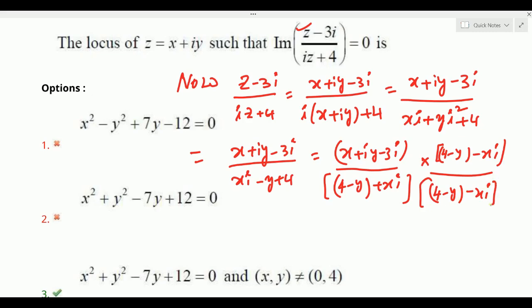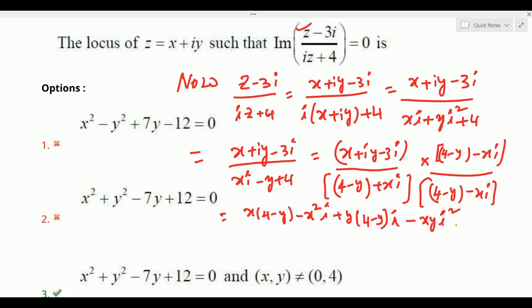So now the expansion of the numerator. First term x into 4 minus y, then minus x into x square i. Expanding further, plus y into 4 minus y into i. Again iy with minus xi gives minus xy i square.